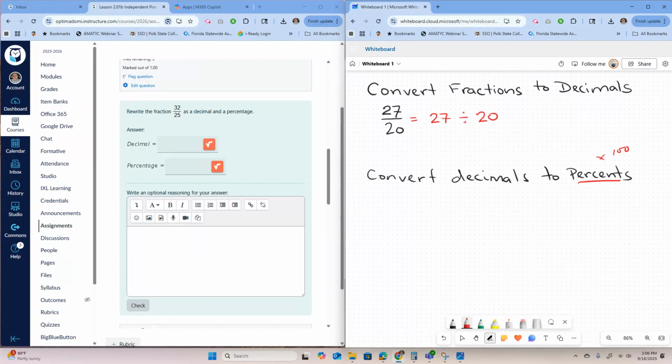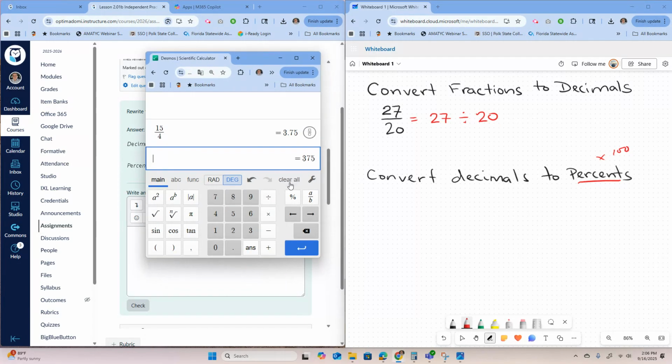Now, when you do the computation, make sure you use the decimals calculator. Where's my decimal? There's my decimal. I'm going to do 27 divided by 20. And you can see I got 1.35. That will be the decimal conversion of the fraction 27 over 20.